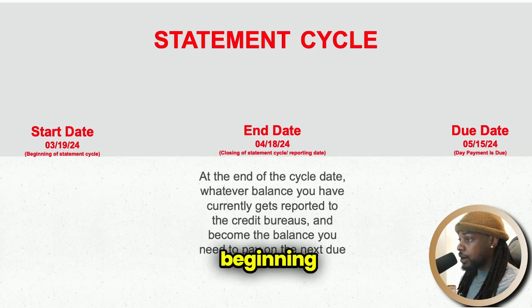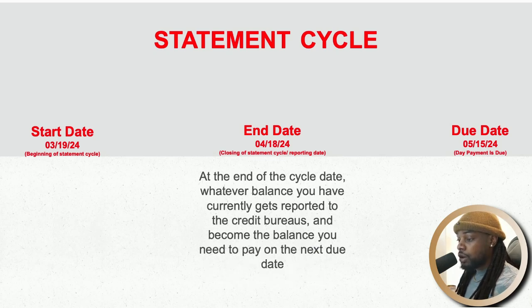That is the beginning of my statement cycle. Whatever I spend from March 19th, 2024 to February 18th, 2024, whatever I spend in that period will then be due on May 15th, 2024.